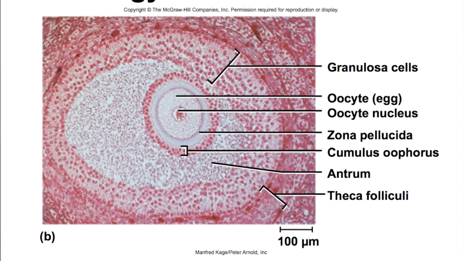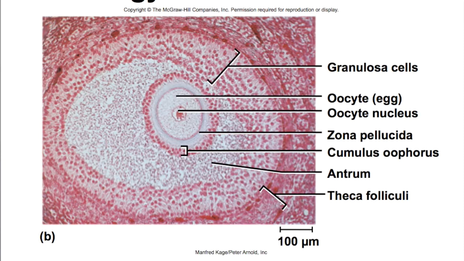Around that, you then have what's called a zona pellucida. Okay, zona just means like an area, pellucida. Then we go out one more, you have a cumulus oophorus, this nice little ring around it, okay? Then you have the antrum, which is very large. You can see that, and there's a lot going on in there.